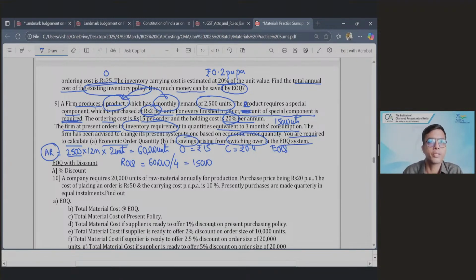I hope you all are getting this. So I'm being given EOQ by a few students, which is 2121. Very good, Neeraj. So 2121 has been given to me by many students. So it means EOQ is 2121 approx, with some decimal which you can ignore. Yes, very good, students.